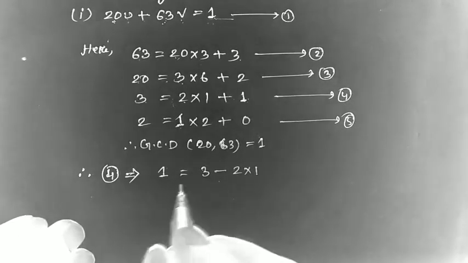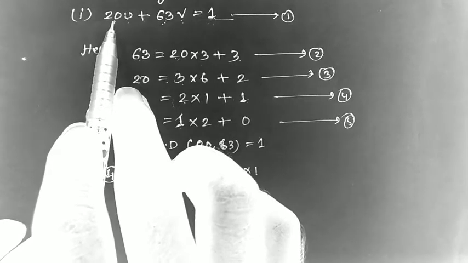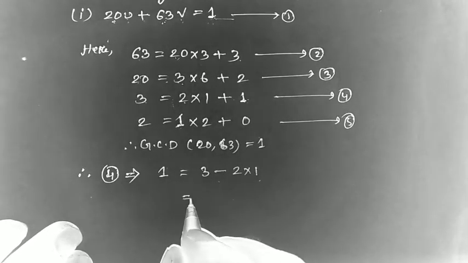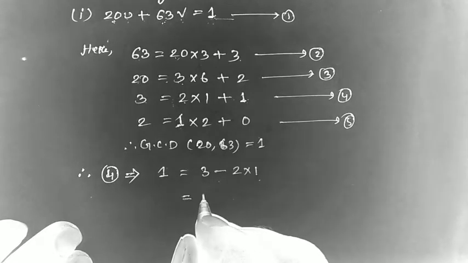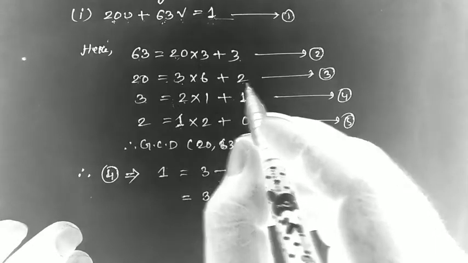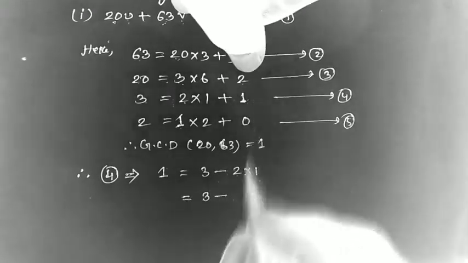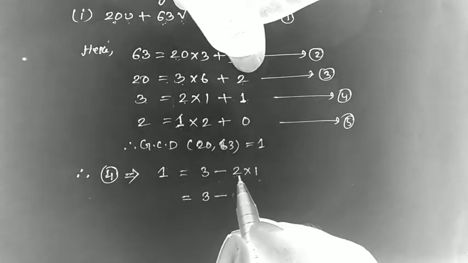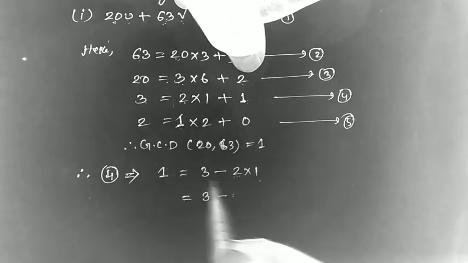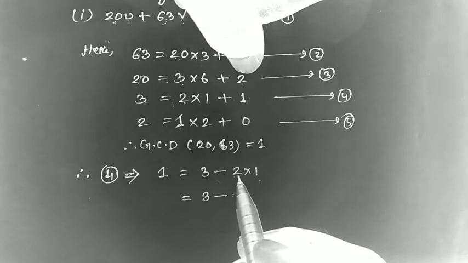Equation 4 implies, if we keep 1 this side, and carry the term 2 into 1 this side, then 1 will be equal to 3 minus 2 into 1.